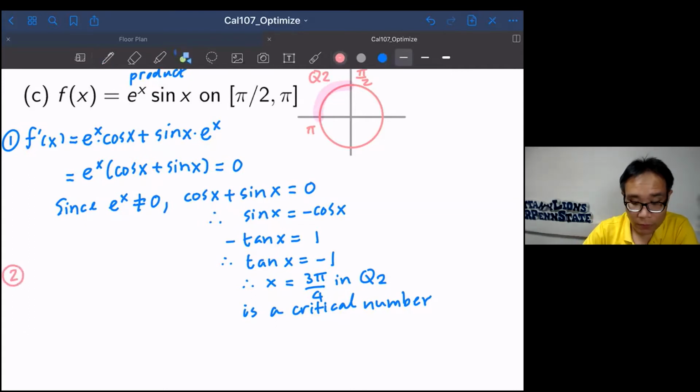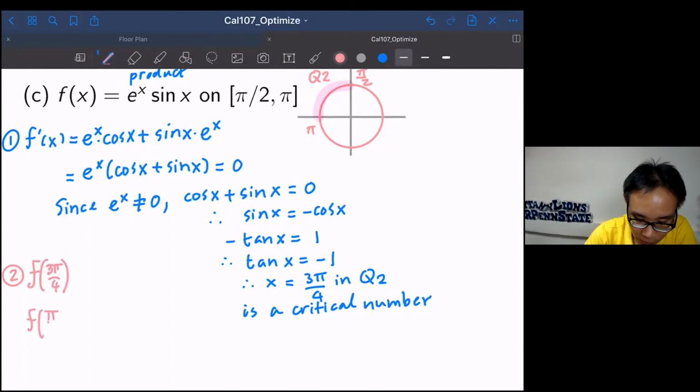So you're going to compare the place where you have the critical number. You're going to compute f 3 pi over 4, f pi over 2, and f pi. Okay, so you need to compute these three numbers.